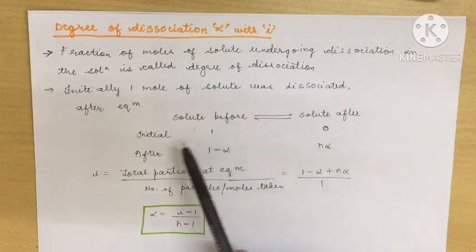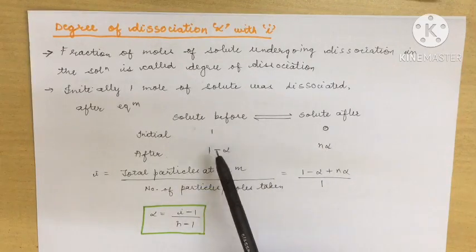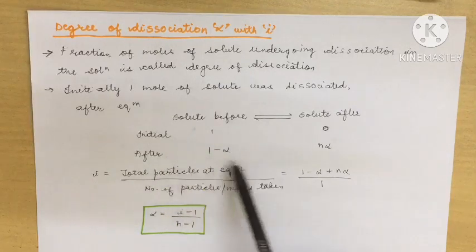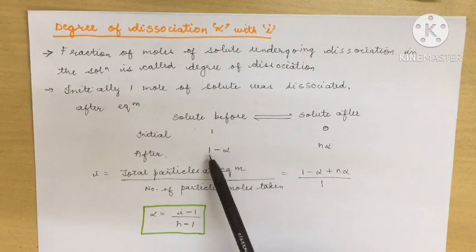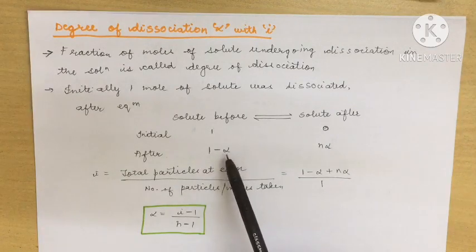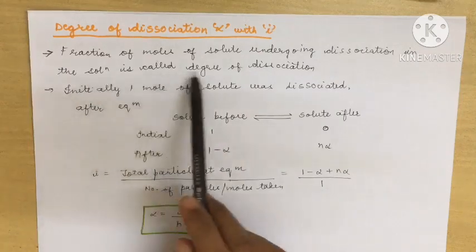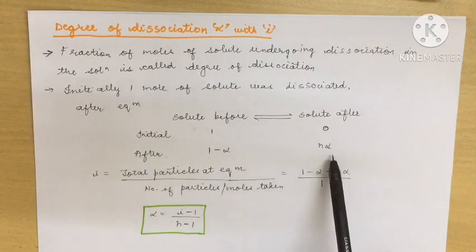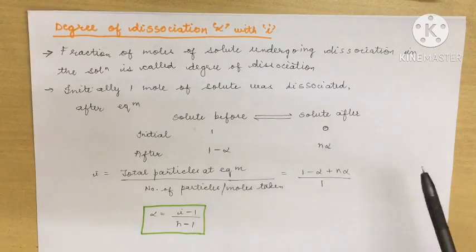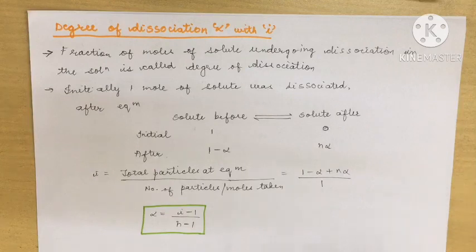Again I repeat, initially you have 1 mole of solute, but after a certain time under equilibrium some part of the 1 mole is removed, that is alpha part. This alpha part is only the fraction of moles of solute which are undergoing dissociation, and we will represent it by n alpha. Why n? Because it will dissociate into n number of molecules or n number of particles.